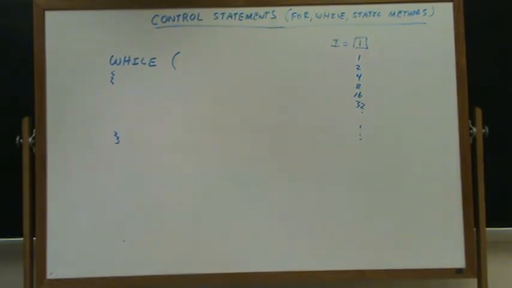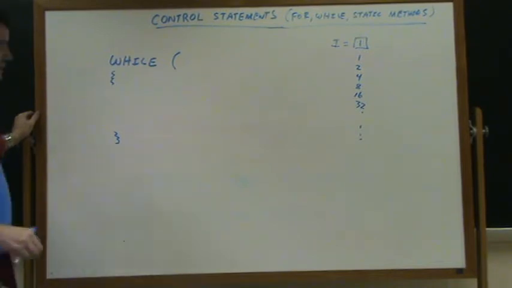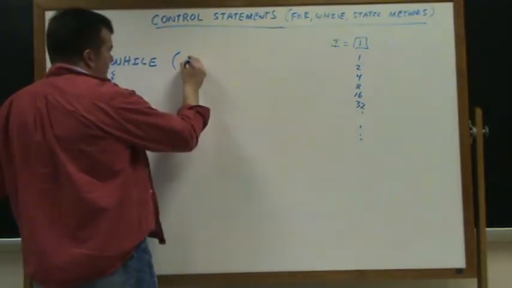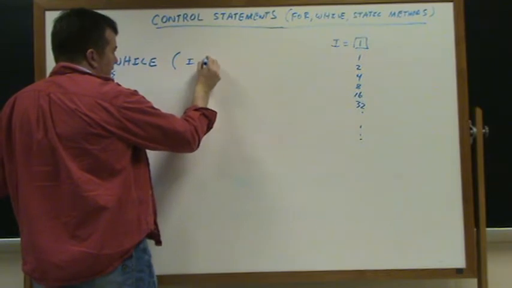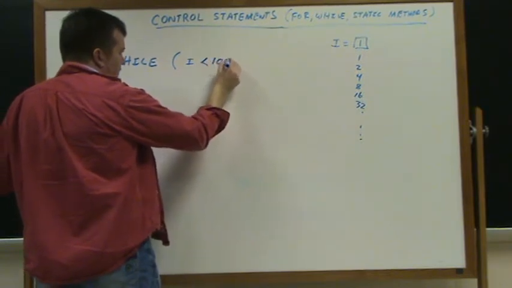And we decided once I is greater than 1,000, we'll stop. What we could do is we could say while I is less than 1,000.